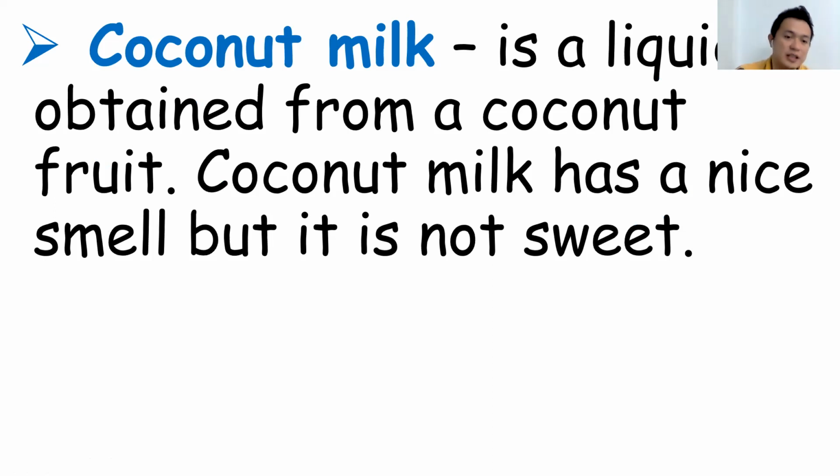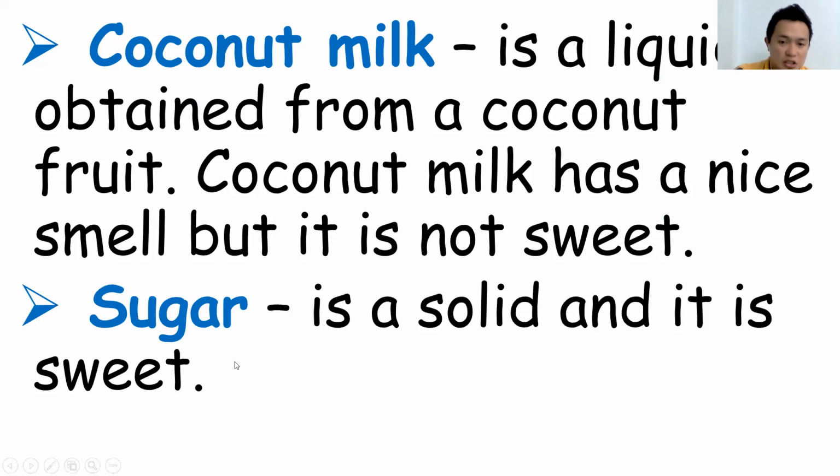How about the sugar? Sugar is a solid and it is sweet. So this is the difference between the two. Coconut milk smells good, but it's not sweet, while the sugar is a solid and it tastes sweet.